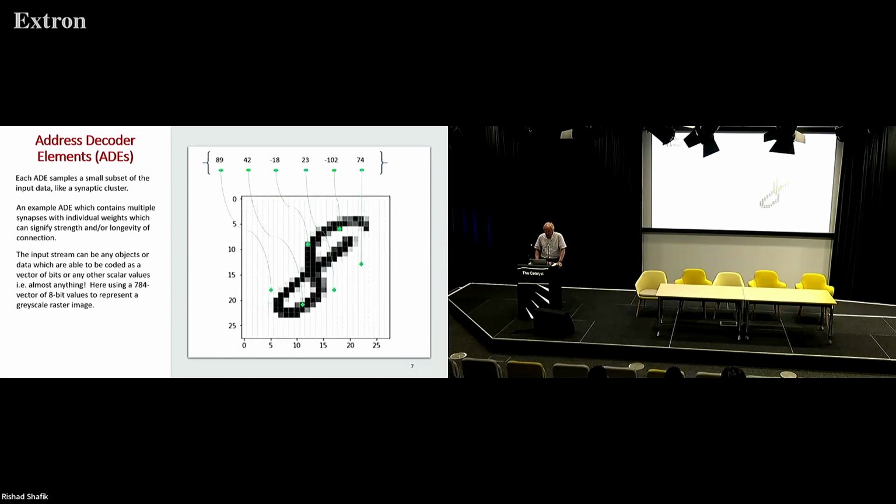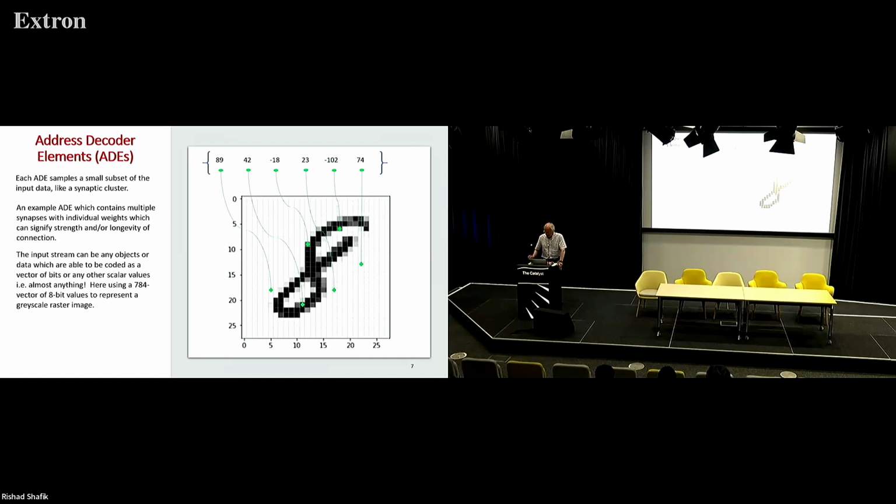Here's an example, and I'm going to use the familiar MNIST data set as an illustration through some of this. This picture is showing an MNIST handwritten digit 8, and a particular address decoder element is sampling a subset of the pixels. Here it's shown sampling 6 of them. We typically cluster these a bit more closely than this shows, but in principle it can be random. Each of those pixels has associated with it some kind of weighting, which can be simple integer weights.